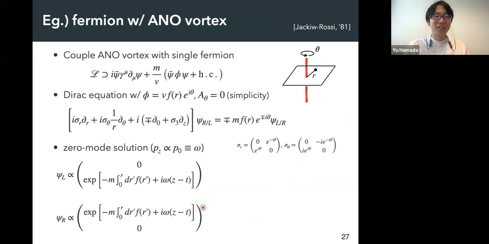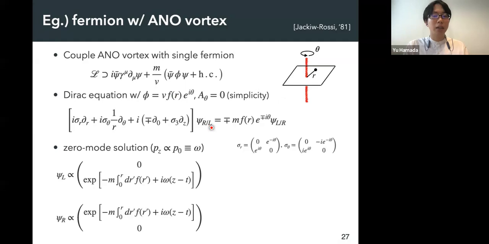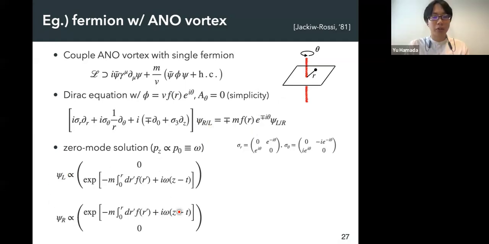For example, this is one example of a Dirac fermion coupled to the NO vortex string. This is just a usual Dirac fermion, and this is the Dirac equation in the background of the NO string, where ψ_R and ψ_L are the right-handed and left-handed spinors in the four-dimensional sense. After solving this Dirac equation, we have this zero-mode solution here. These two components correspond to the two-component left-handed spinor, and these are the two-component right-handed spinor.